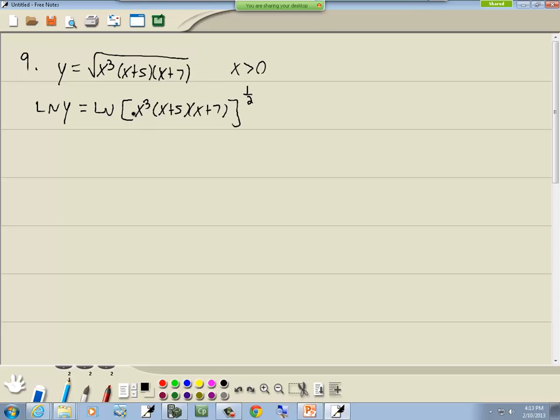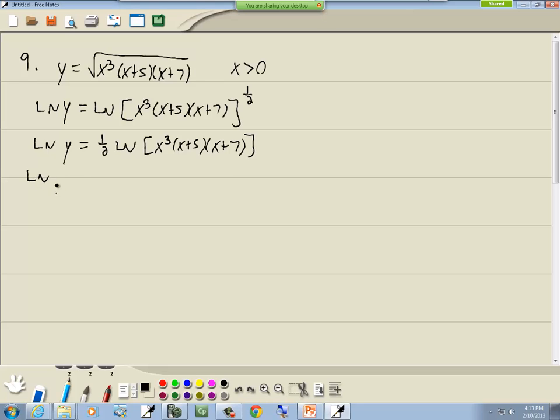Well, why would we want to do this? Because our properties of log says if you got log of something to a power, you can take the power and put it out in front. So this becomes natural log of y is equal to 1/2 natural log of x to the third times x plus 5 times x plus 7.